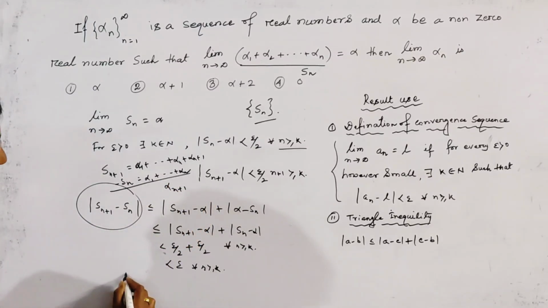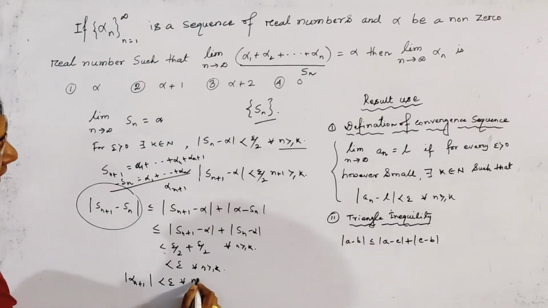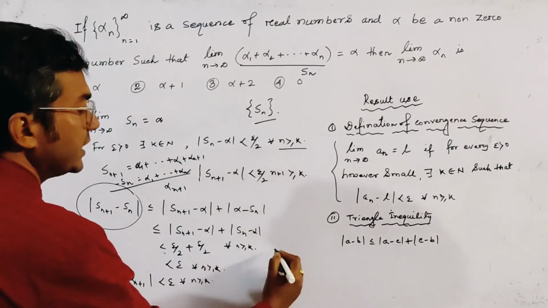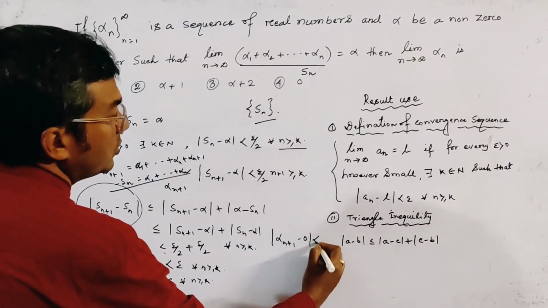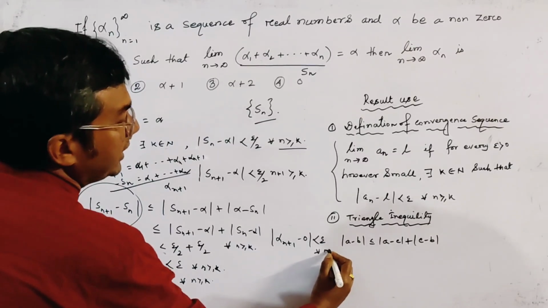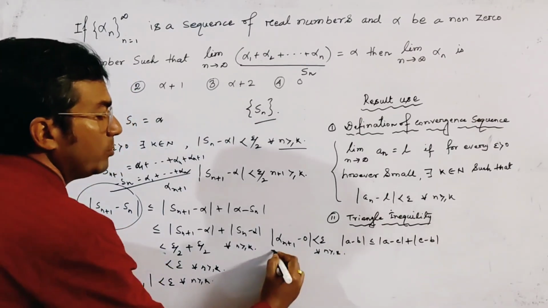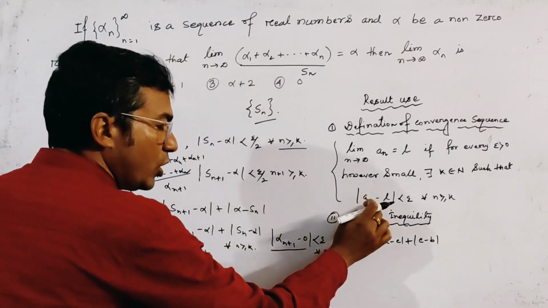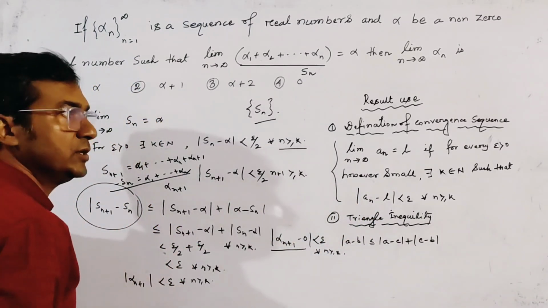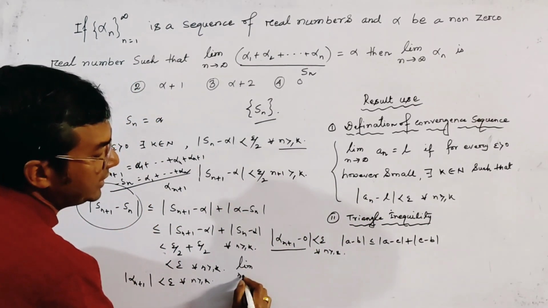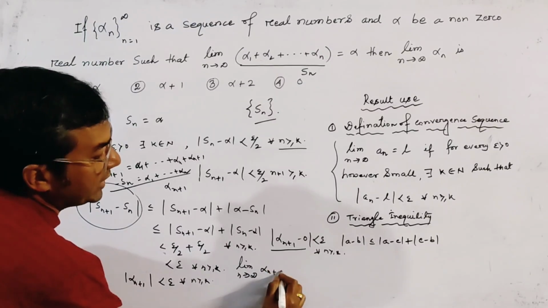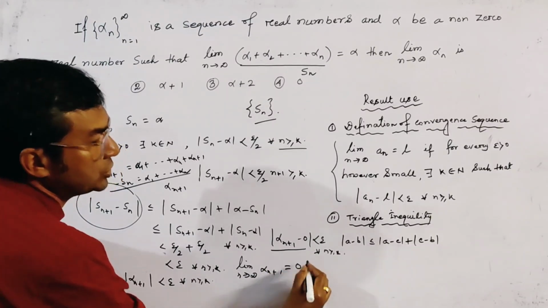So we write that mod of α_(n+1) is less than epsilon for all n greater than or equal to k, and we can write this relation alternately as mod of α_(n+1) minus 0 is less than epsilon for all n greater than or equal to k. Obviously this is the definition of a convergent sequence. So we write here that the limit as n tends to infinity of α_(n+1) is equal to 0.